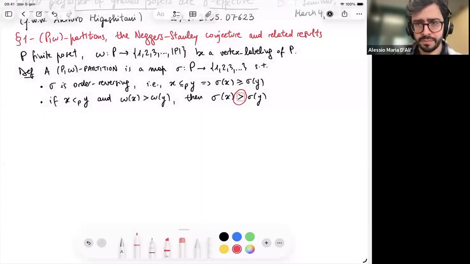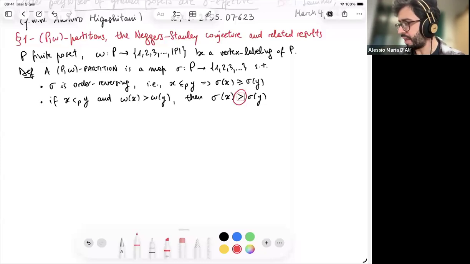There used to be a bigger than or equal to. In this case, it's just a strict inequality. Okay, so that's what a P-omega partition is.